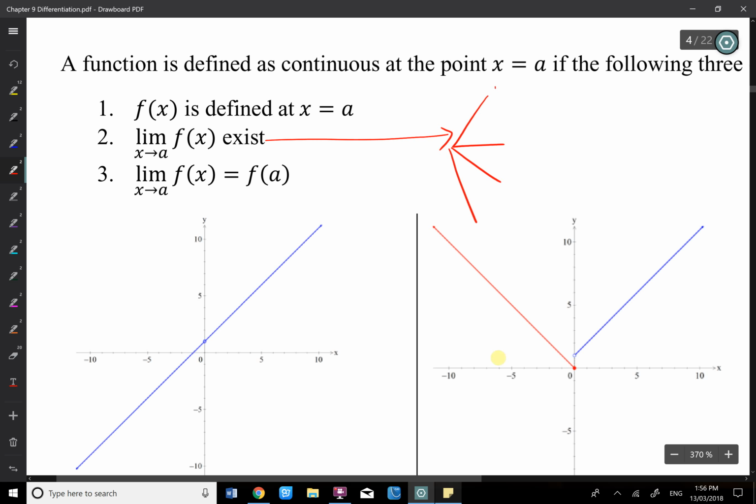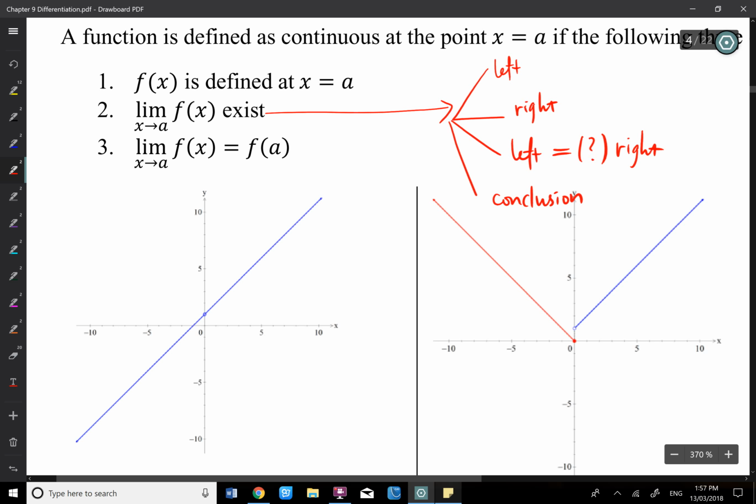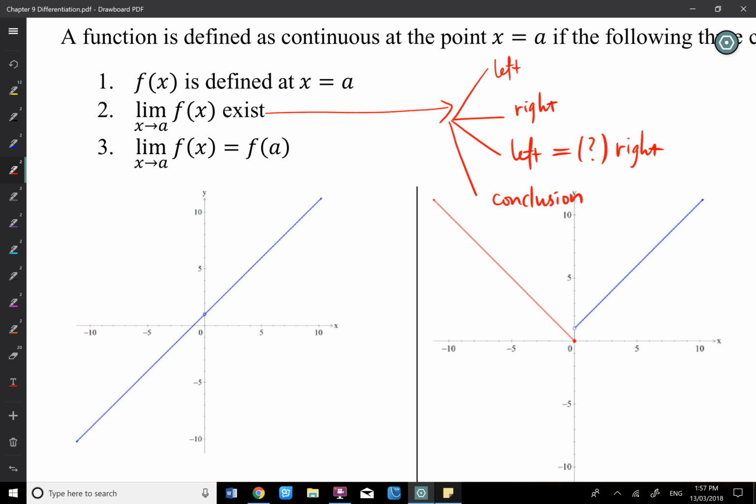The left hand limit, the right hand limit, whether left equals right or not, and then you make the conclusion: limit exists or does not exist. The last one is, if the first one holds and the second one holds, and they are the same value, then it is continuous.